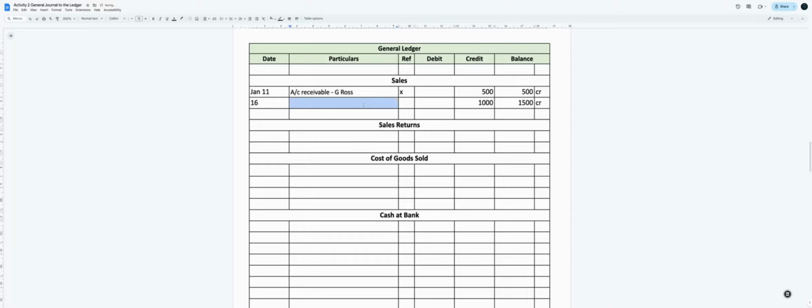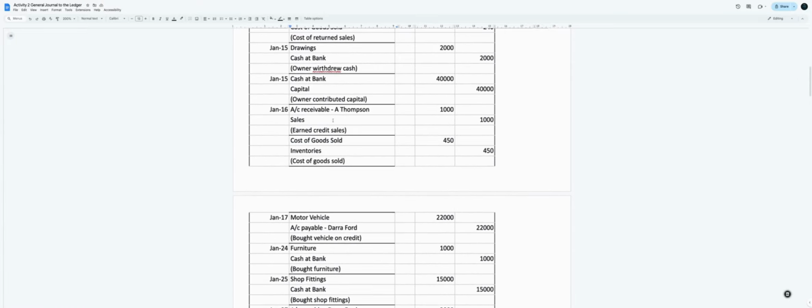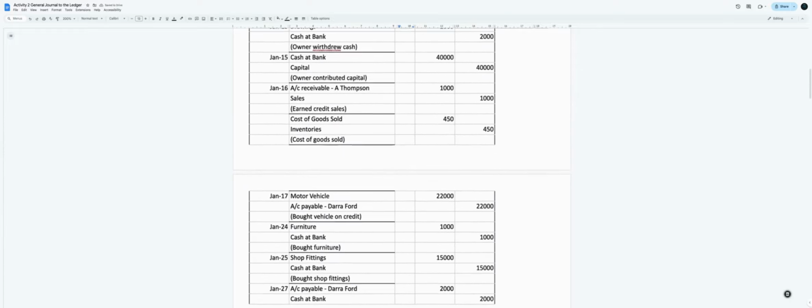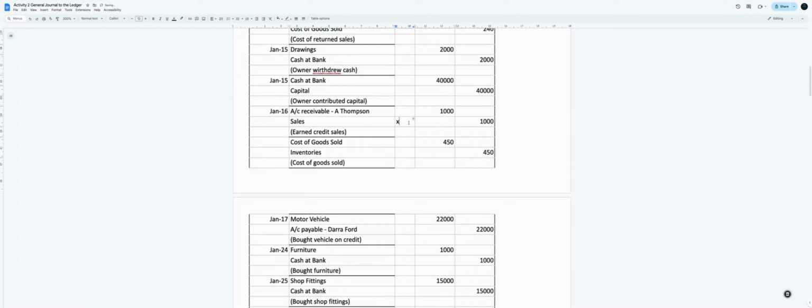Again, what do I put in the particulars? So going back to January 16, seeing that $1,000, we can see that it relates to accounts receivable A. Thompson. So let's go down and put accounts receivable A. Thompson. We've now posted that, so we can give it a little tick there, and we can put a reference point there.